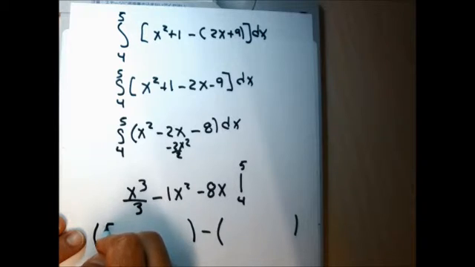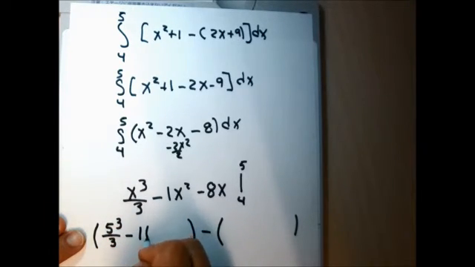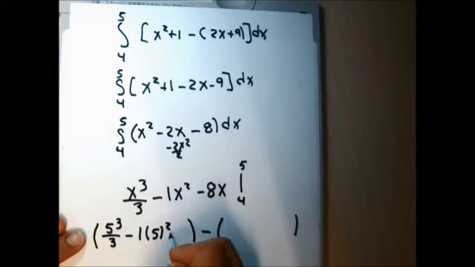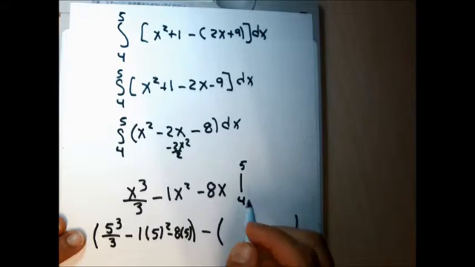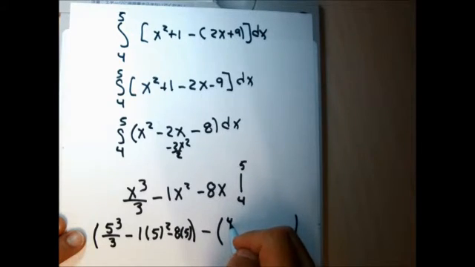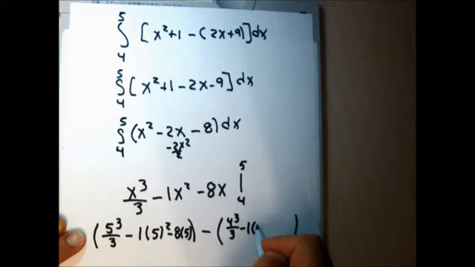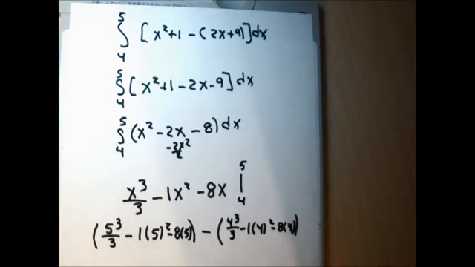So I'm going to go 5 cubed over 3 minus 1 times 5 squared minus 8 times 5. And then I'm going to do 4 cubed over 3 minus 1 times 4 squared minus 8 times 4. Both on my calculator.